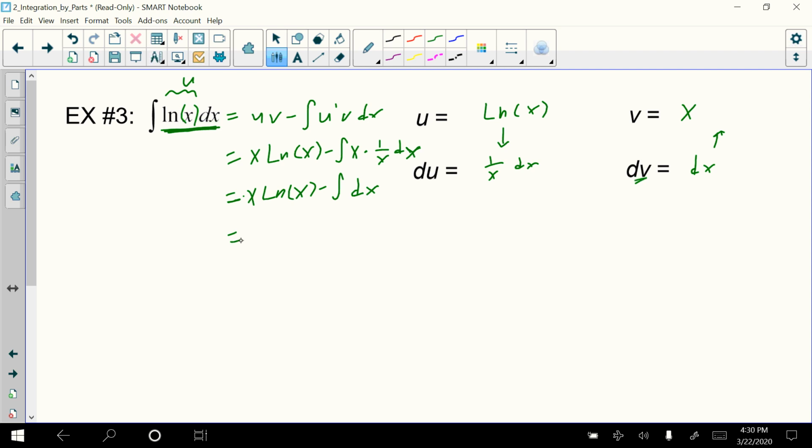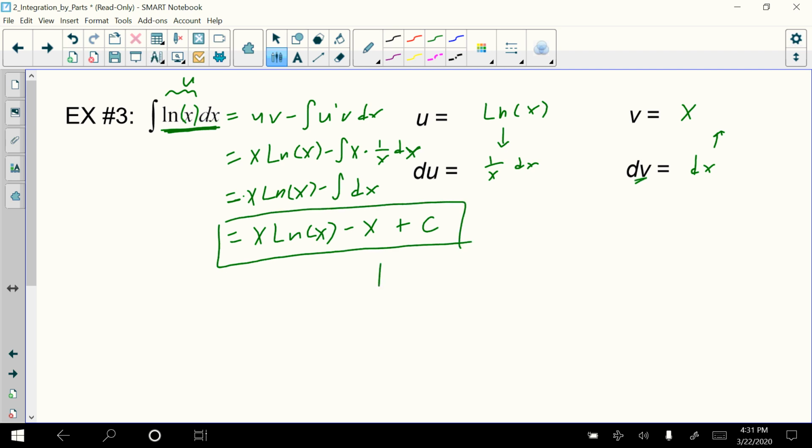So this is where we take the antiderivative of dx. So we'll have x times the natural log of x minus 1x. The antiderivative of dx will be 1x. And now that we've taken the antiderivative, there's nothing else that we can do to the problem unless you wanted to factor out x, which I don't see is necessary. We add our constant at the end, and we're done.